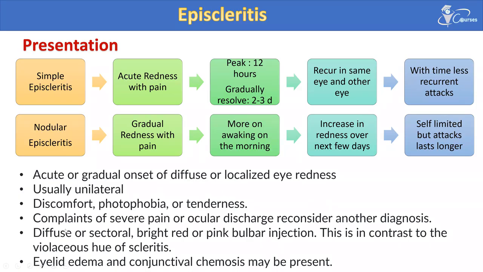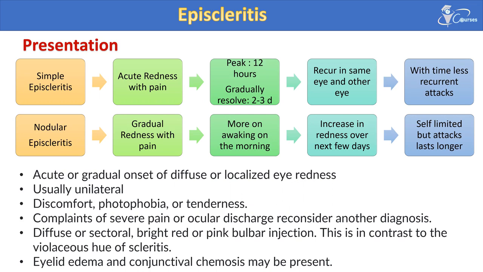So there is diffuse or sectorial, bright red or pink bulbar injection, in contrast to the violaceous hue of scleritis. As I'm going to show you right now, the scleritis will not be that red. It can be violaceous or violet in color due to thinning of the sclera and appearance of the underlying choroid. So we said here two differentials between episcleritis and scleritis.